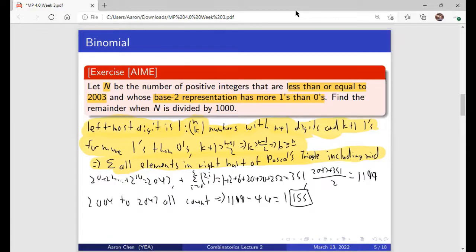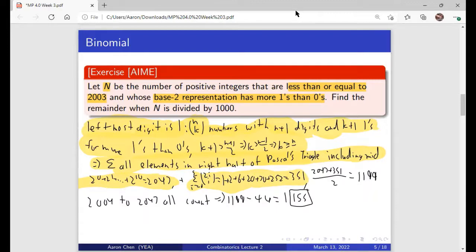So we want to find the sum of the numbers there, and then add on the sum of the numbers in the middle, and then divide by 2. And that's one way to find the sum of all elements in the right half of Pascal's triangle. And so the sum of all elements is just 2047, and the sum of all the numbers in the middle is the sum from 0 to 5 of (2i choose i).